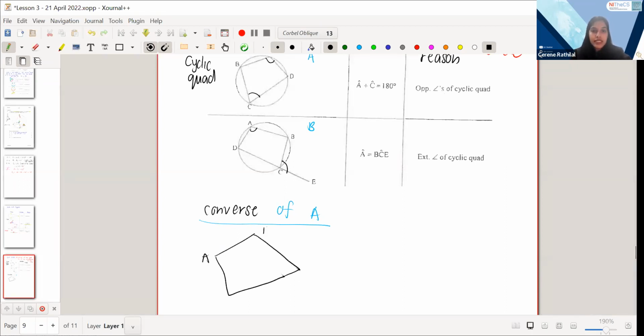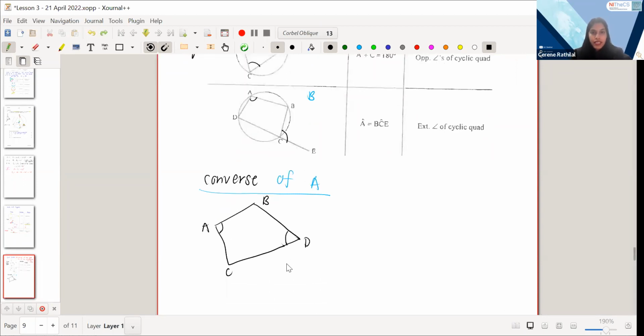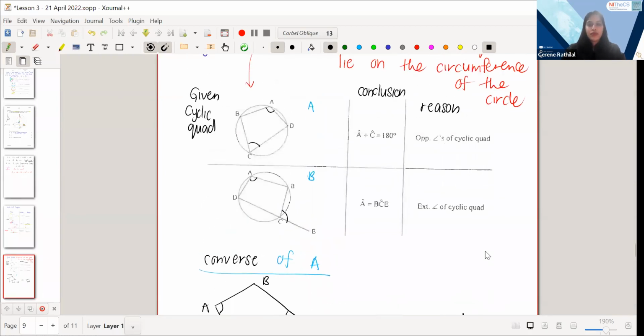I'll label its vertices A, B, C, D. And if I tell you that angle A plus angle D is equal to 180 degrees, then you can conclude that this is a cyclic quadrilateral, meaning that in particular, these points would lie on some circle, right? So that's the converse.